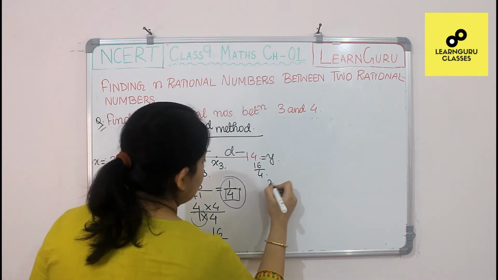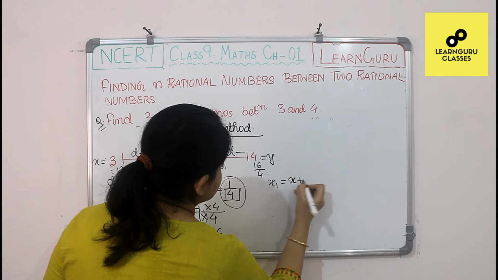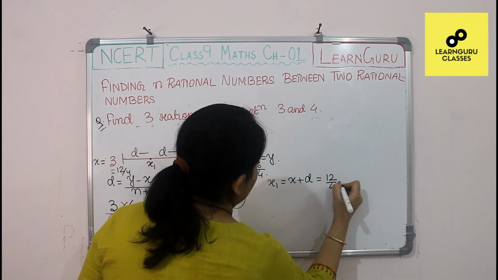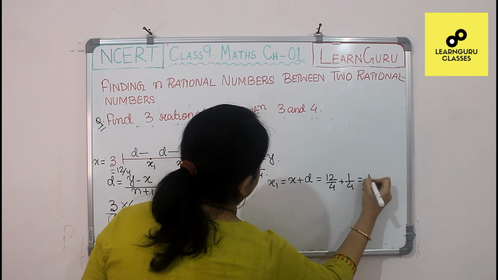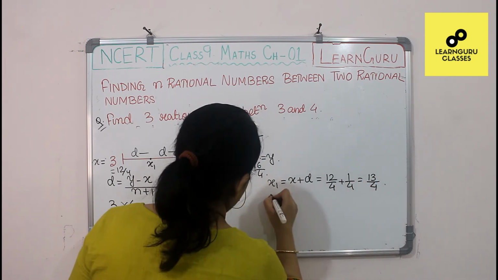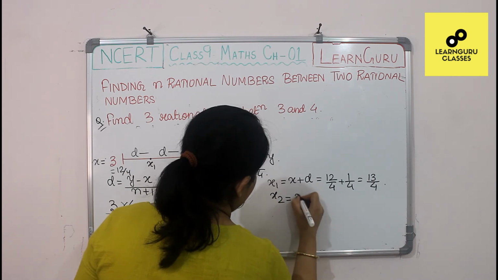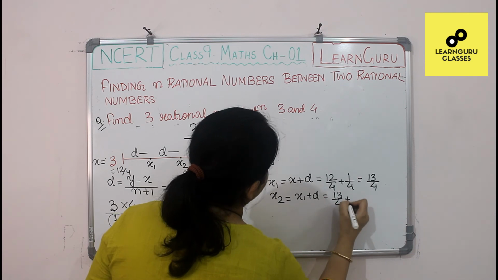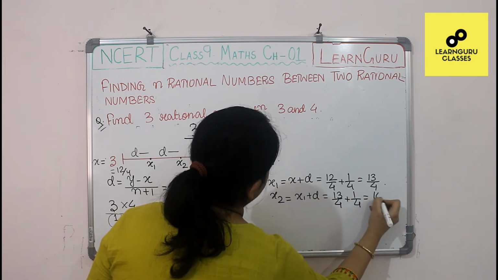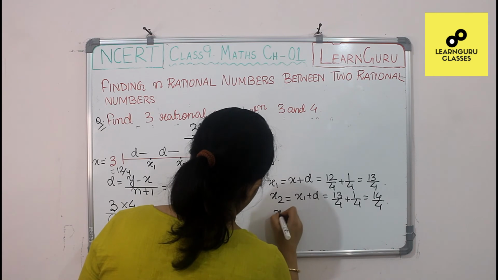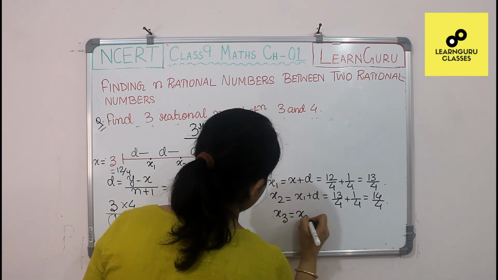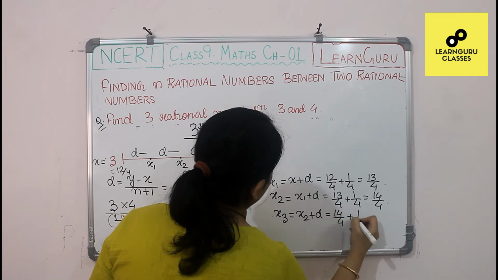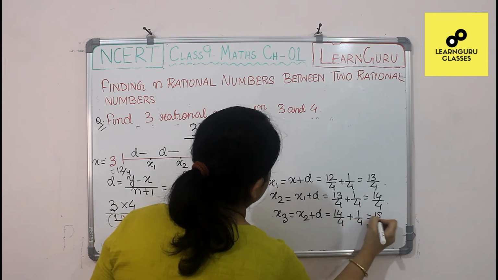So x1 equal to x plus d, that is 12 by 4 plus 1 by 4, that is 13 by 4. x2 is x1 plus d, that is 13 by 4 plus 1 by 4 gives us 14 by 4. x3 equal to x2 plus d, that is 14 by 4 plus 1 by 4 equal to 15 by 4.